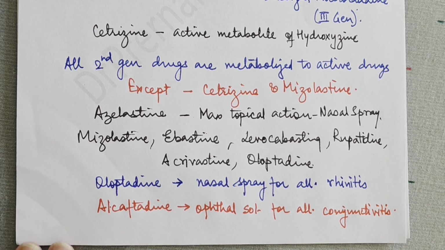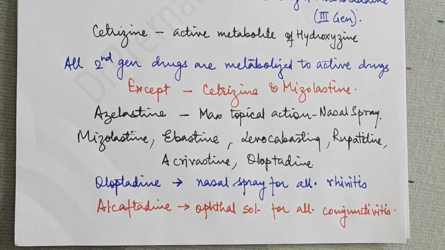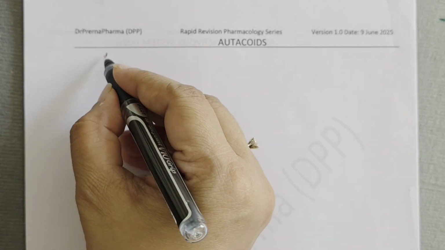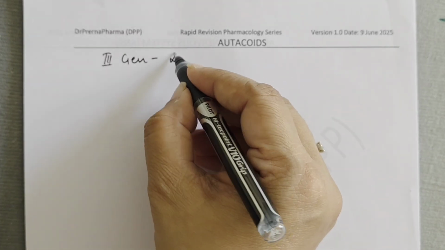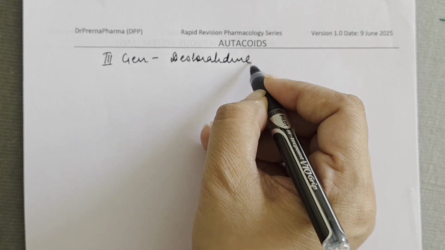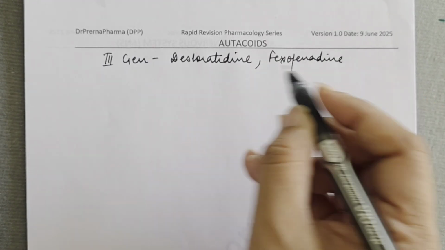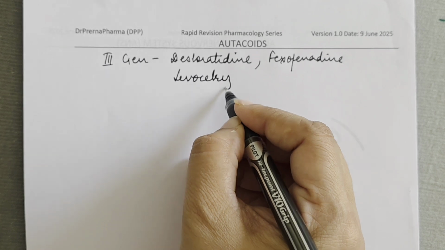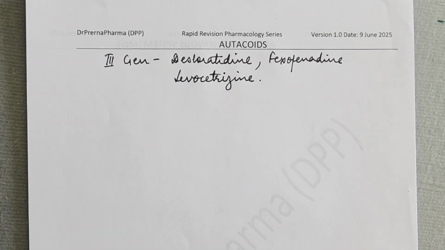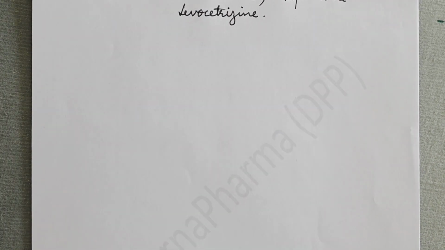Okay, so these are some new drugs of the antihistaminic series and these are their uses. If we talk about third generation compounds, we saw one is desloratadine, then fexofenadine and levocetirizine. So levocetirizine, I'm sure you all must be very aware of, must be taking it, must have taken it some time.